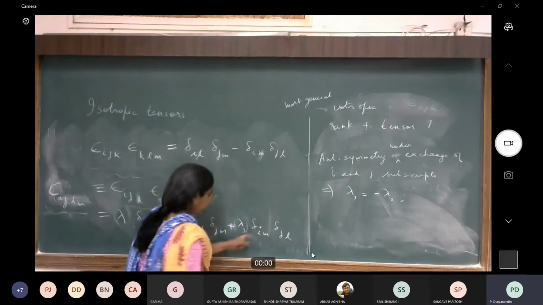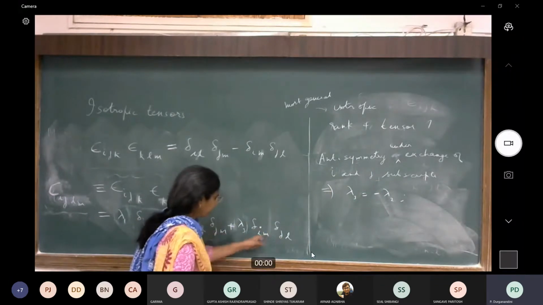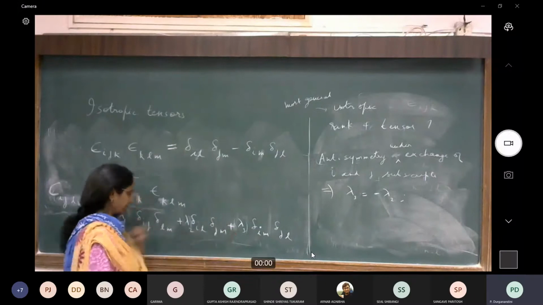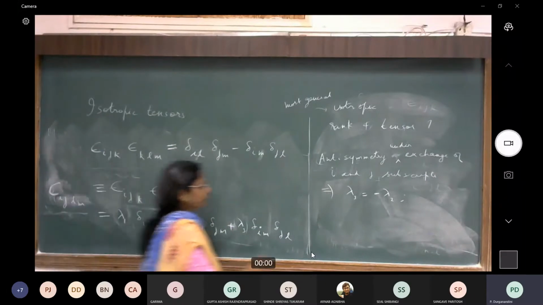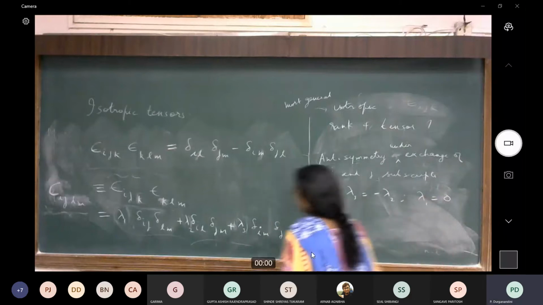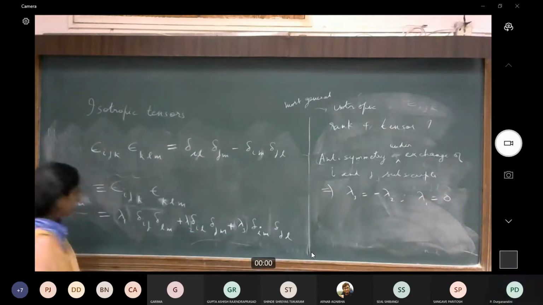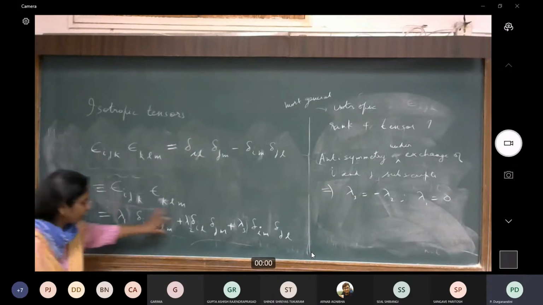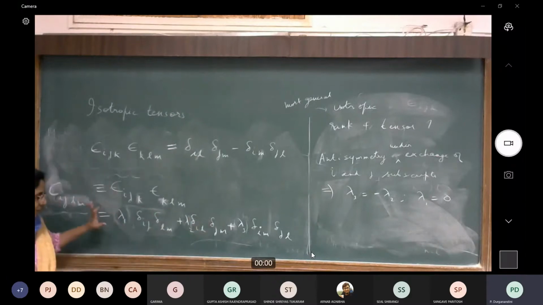Because you can see that if I exchange i and j, then I'm going to get jm here and il here. So I should get this to be minus of this. And further, it will also tell me that your lambda 1 must be equal to 0. Because this is going to be symmetric under exchange. And I can't get some arbitrary lambda 1, lambda 2, lambda 3, because then I will not have this nice antisymmetry property.